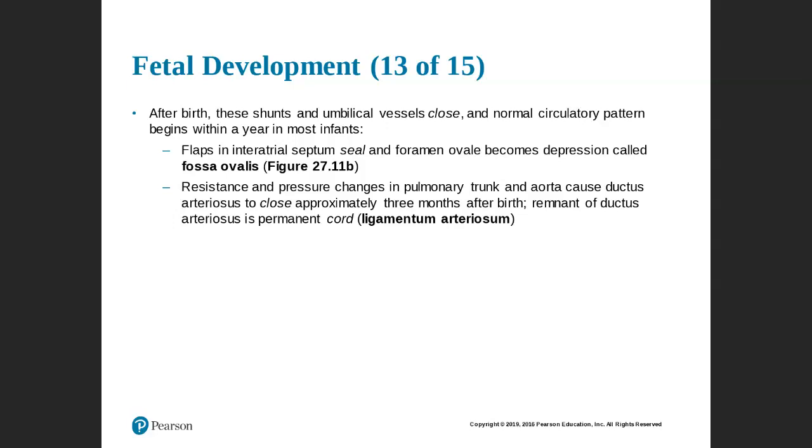If you remember what it looked like, the pulmonary trunk went up like this, and then you had the aorta behind it, which went like this. So you have this little duct between the pulmonary trunk and the aorta. Okay, and that connected the pulmonary trunk and the aorta.